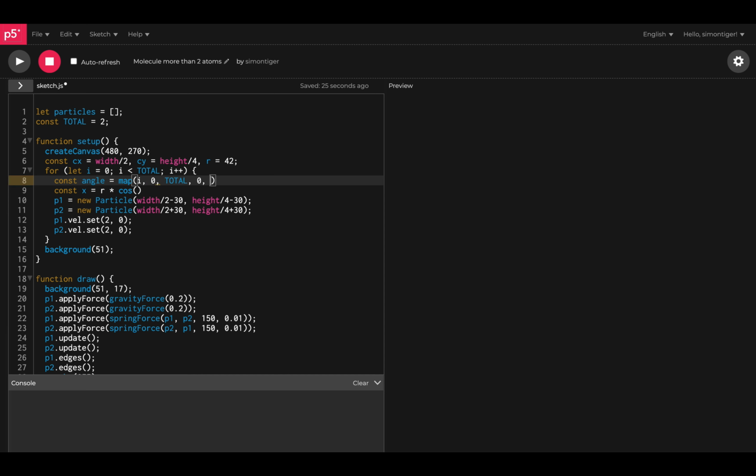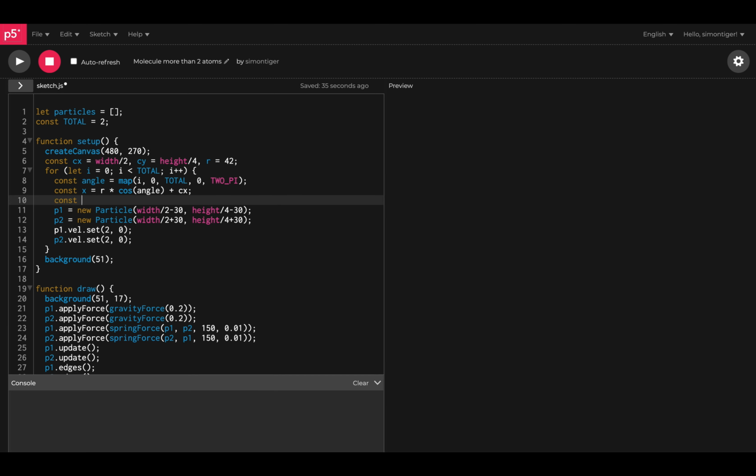So I go from 0 to 2 pi. Cosine of the angle, plus center x. Y equals r times sine of the angle, plus the center y.